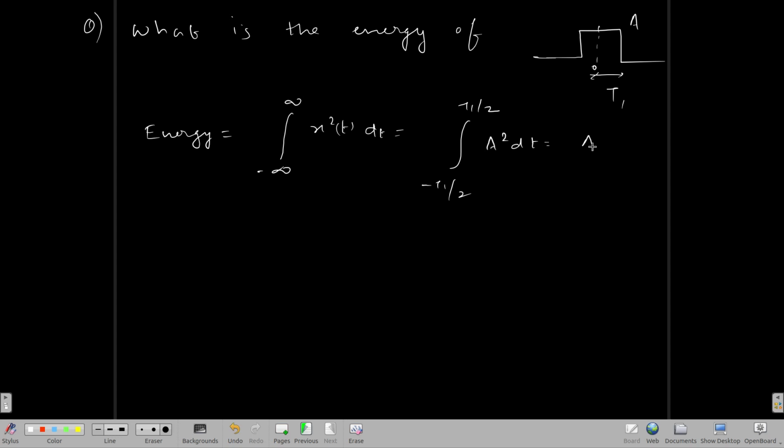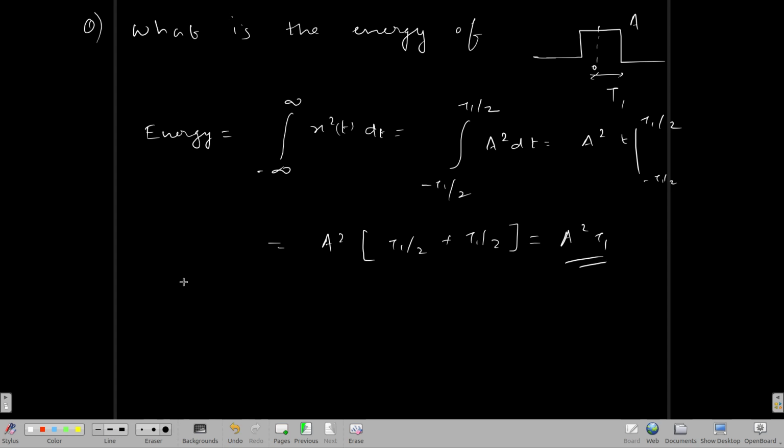So it will be A squared into t from minus T1 by 2 to plus T1 by 2. So it will be A squared times T1 by 2 plus T1 by 2, which is equal to A squared T1. So this is the energy of this particular signal.